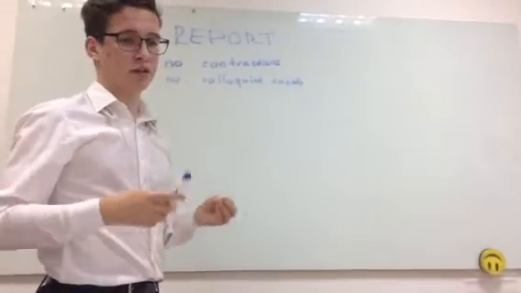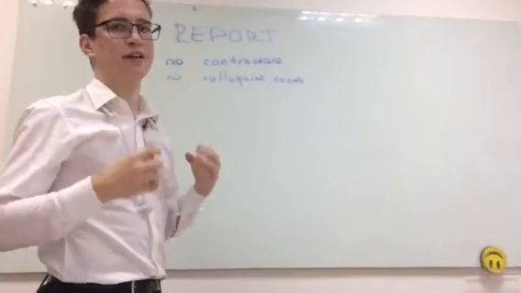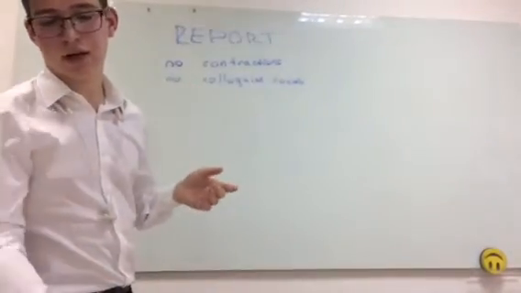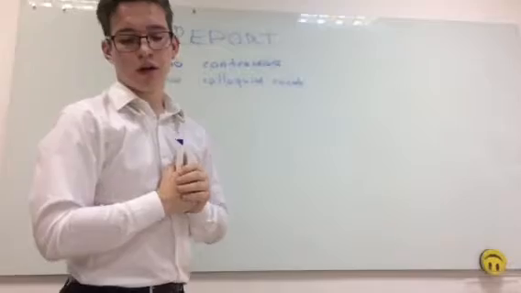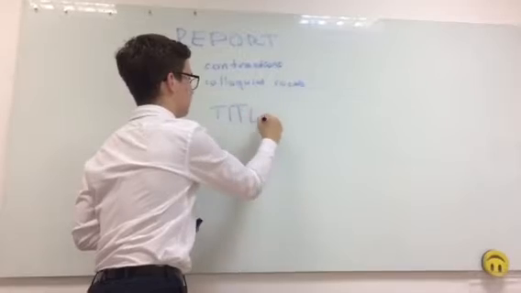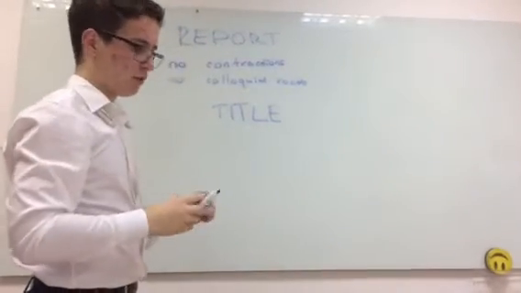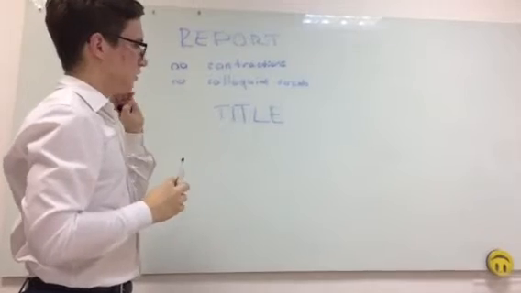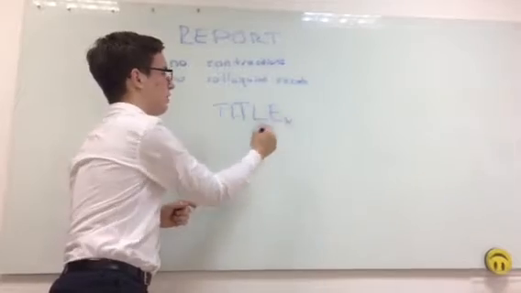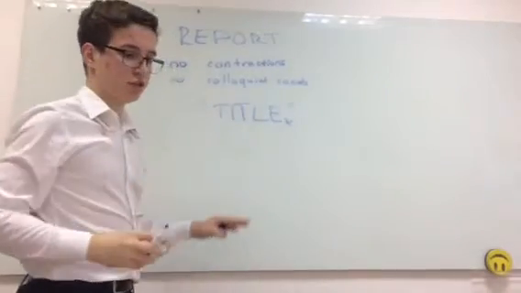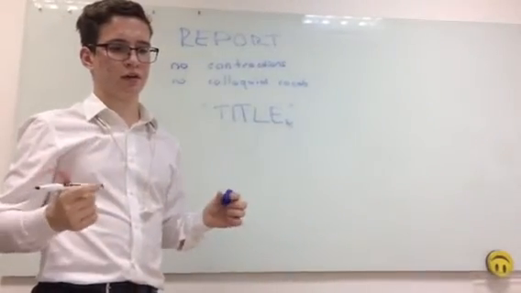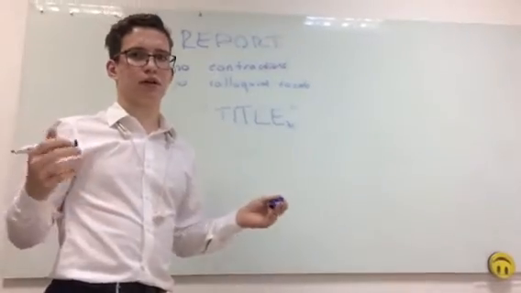So, the next thing that you need to keep track of is the style. You need to stick to the style. Not the style, the structure, I'm sorry. So, a usual report consists of a title, which you must write in caps, with no full stop at the end, no inverted commas, nothing, just caps, because that way you are absolutely free in terms of mistakes.